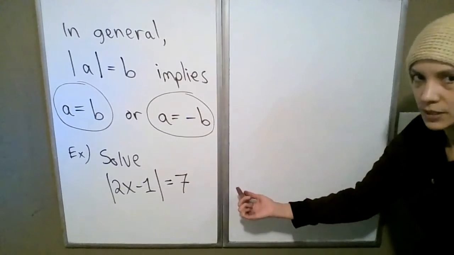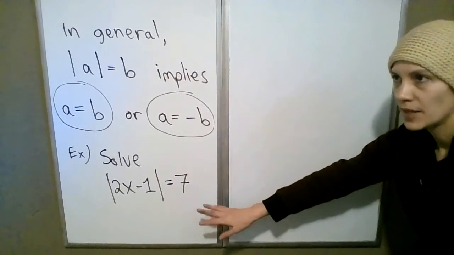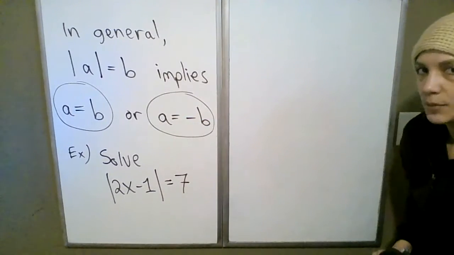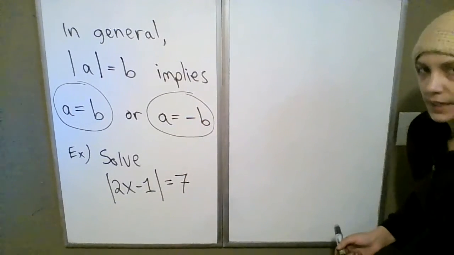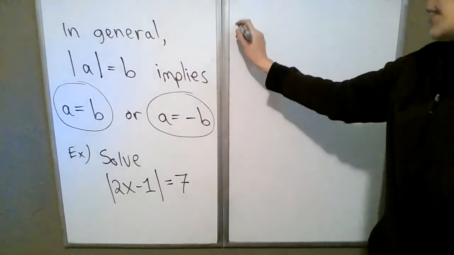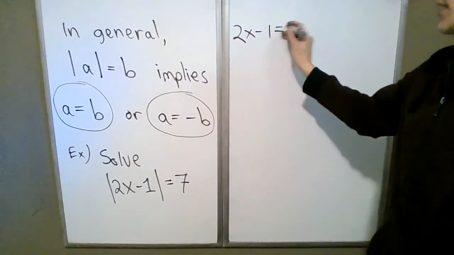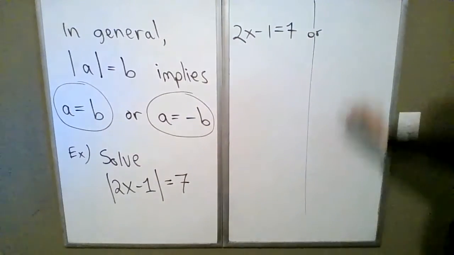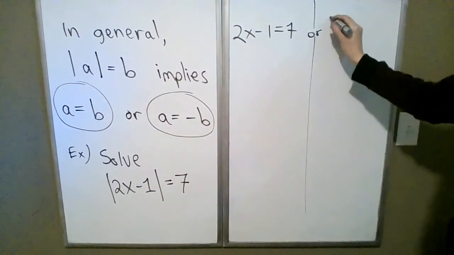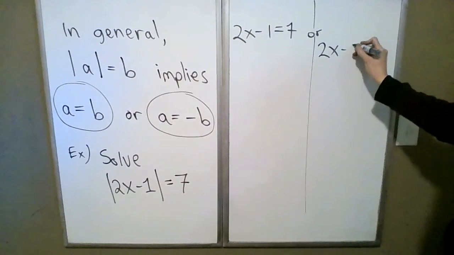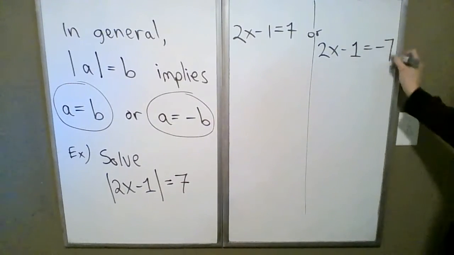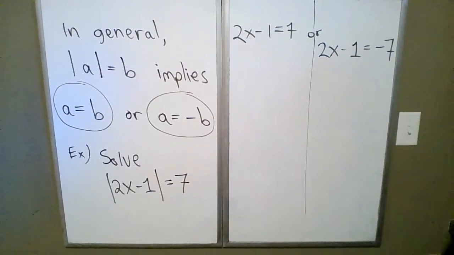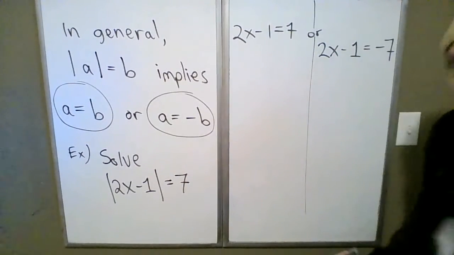Everything else is on the other side of the equal sign. Now that those absolute value bars are by themselves, we're going to set up two equations. Take what's inside the bars, put it equal to positive 7 and equal to negative 7. So there's a 2x minus 1 equal to 7, or 2x minus 1 is negative 7. And then you solve each one separately and you get two solutions.